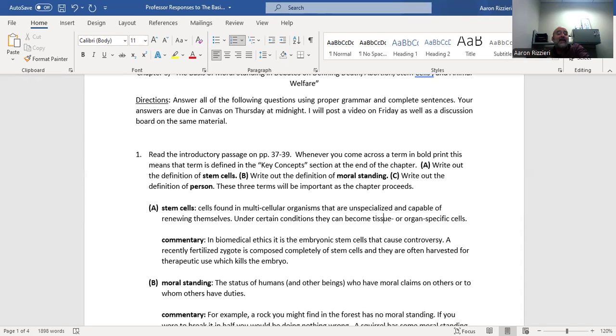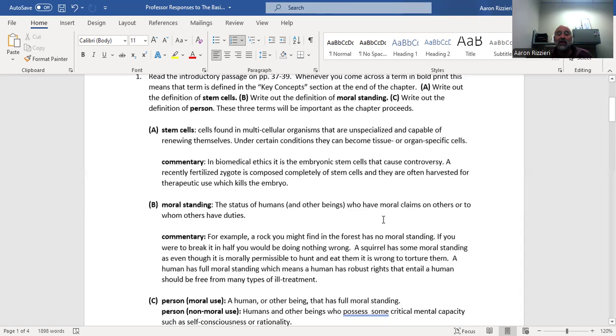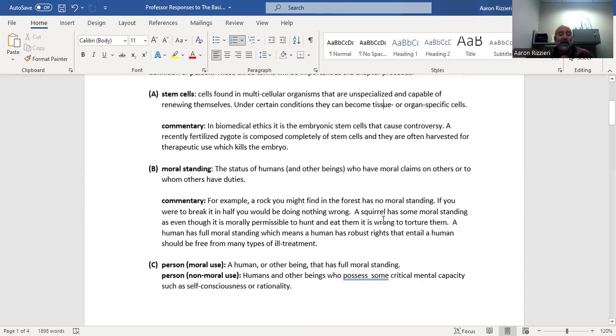This definition mentions that they're capable of renewing themselves. What actually happens is if you put some stem cells into a petri dish, they'll keep dividing and keep producing more and more cells. So even when the original stem cells die out, they create what is called an eternal stem cell line. And I give some additional commentary here. In biomedical ethics, it is the embryonic stem cells that cause controversy.